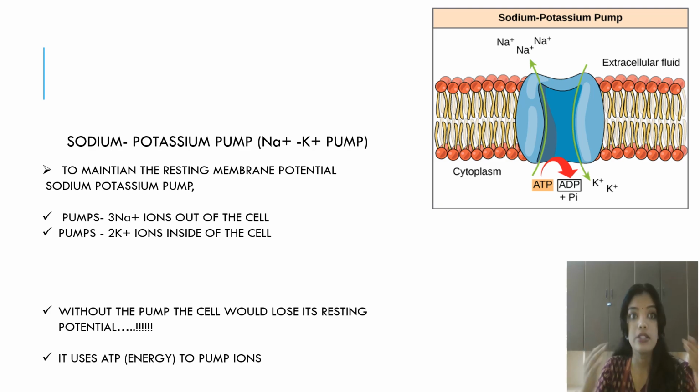Moreover, there are anions inside the cell which are highly negatively charged and can't move, as there are no gated channels for the passage of anions. That is what makes the resting membrane a lot more negative inside and comparatively positive outside.